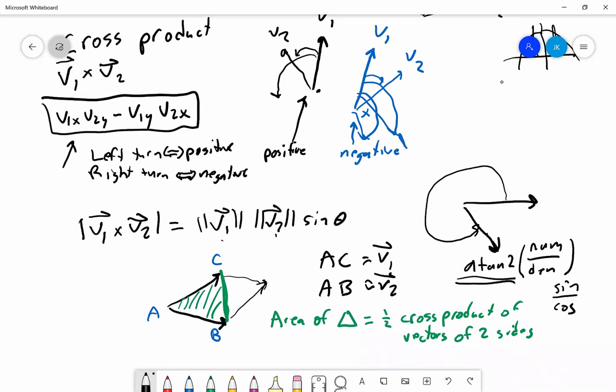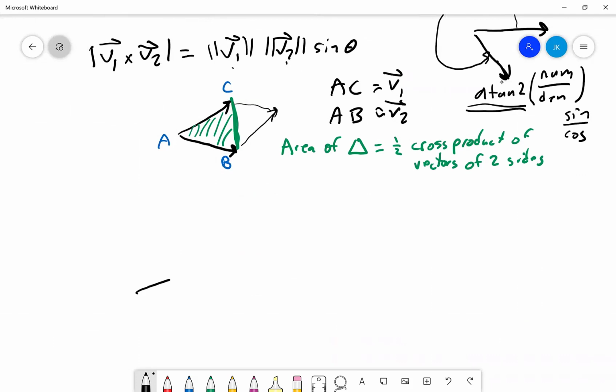Let me point out one more thing on that. If I'm going here and I'm going there, that's the same, because they're vectors, as if I put that thing back there. So either way, those are the same calculation, going from one to the other or the other way around.